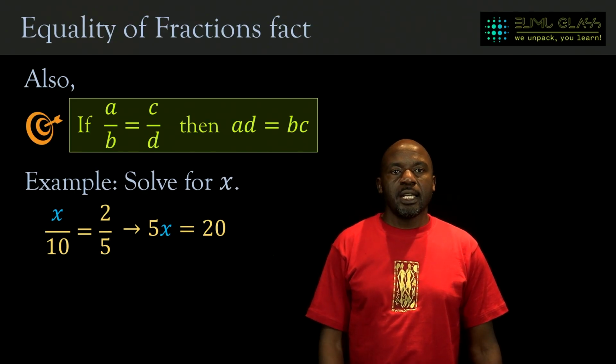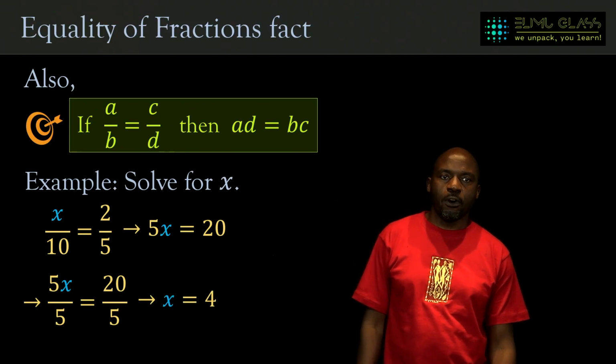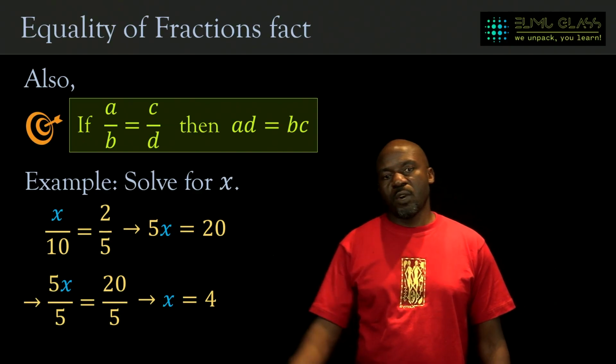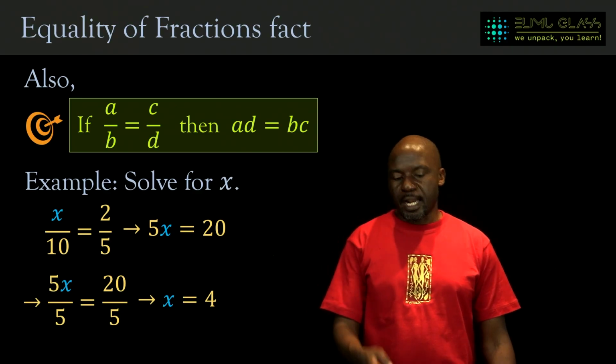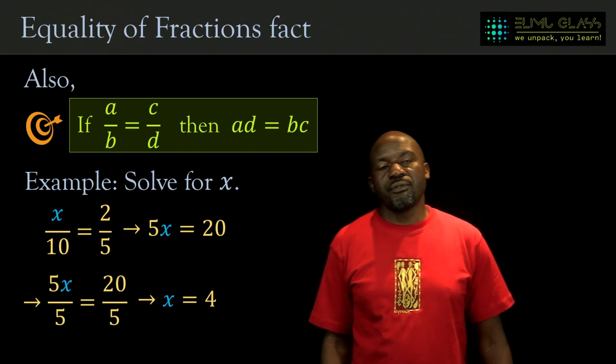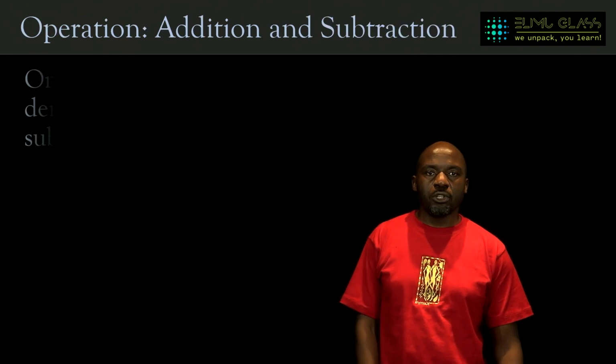If we do that, then we are left with x being equal to 4. So the idea of cross multiplication is useful when we are solving for an unknown. Sometimes also when we are making one of them subject of the formula, cross multiplication becomes useful.